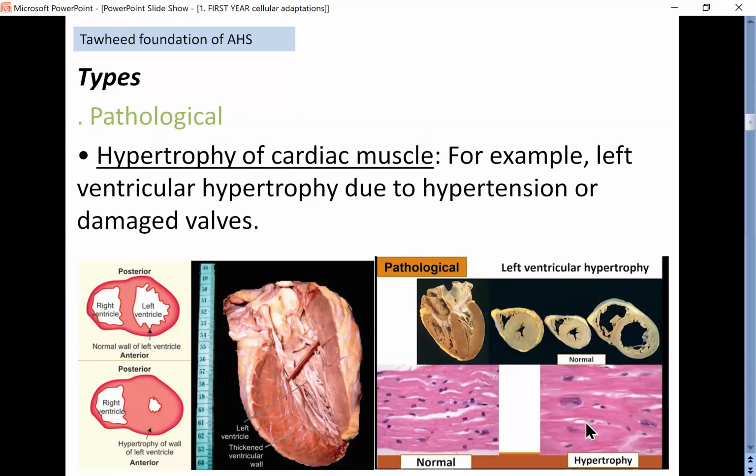And this is a microscopy of the normal heart, and this is the microscopy of a heart with left ventricular hypertrophy. So you can see increase in the size of the cells.